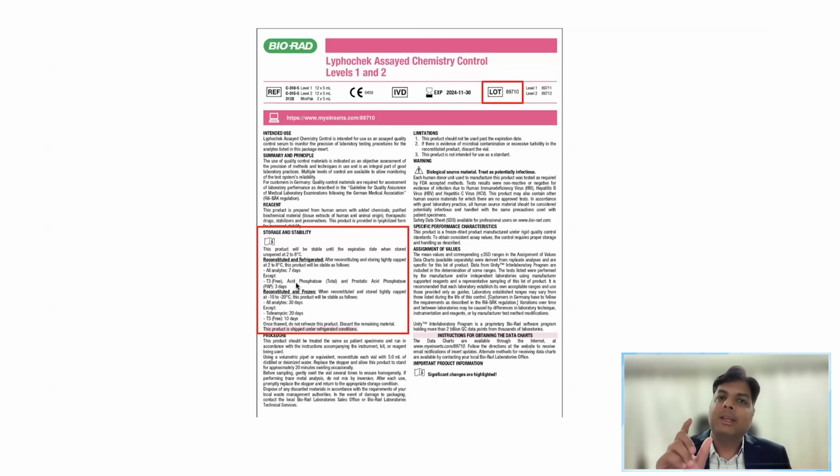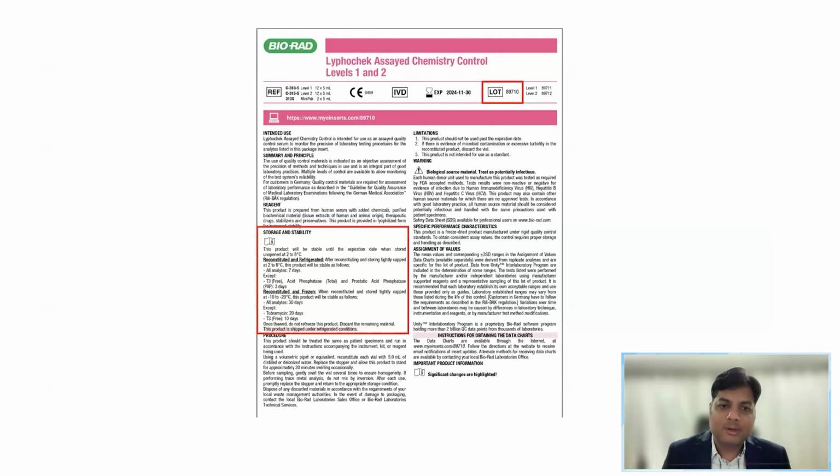Here, there will be instructions on how to reconstitute the control, how to store the control, and which parameters will degrade first. All this information is given in this section.